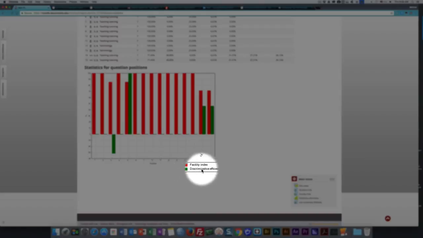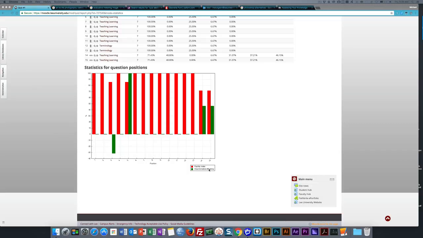Let's look at the discriminative efficiency. 50 and above is very good discrimination. If you're not sure what that means, the discrimination index is the correlation between the weighted scores on the question and those on the rest of the test.